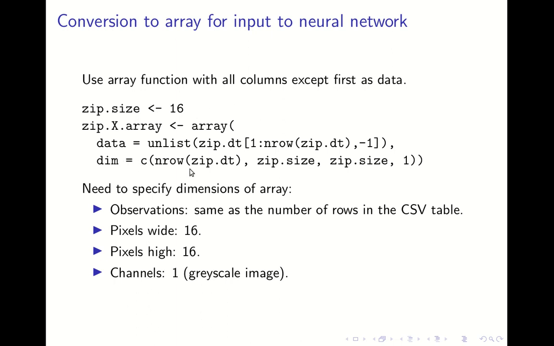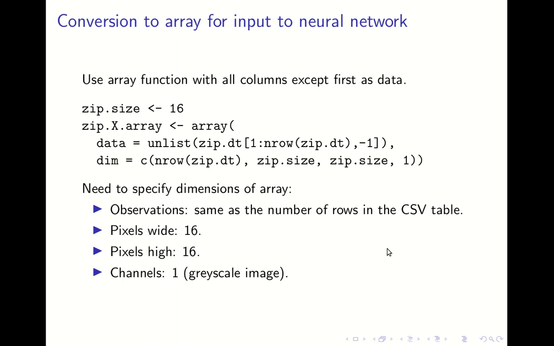It's going to be the number of observations, the number of rows of that data table, as the first dimension. It's going to be this zip size of 16 for the second and third dimensions, as the height and the width of the image in pixels. And finally, the last dimension 1 is the number of channels, right? It's only one channel because it's a grayscale image.